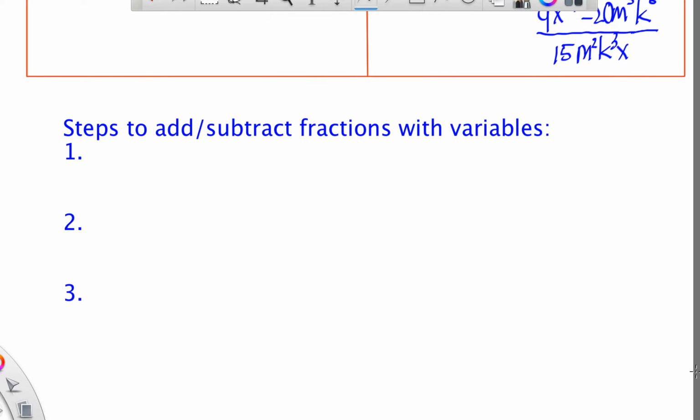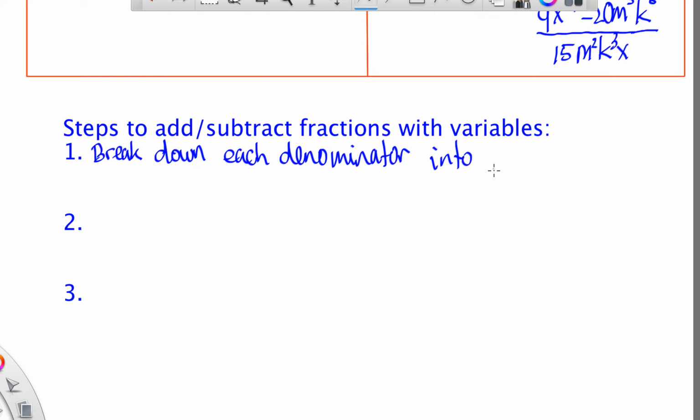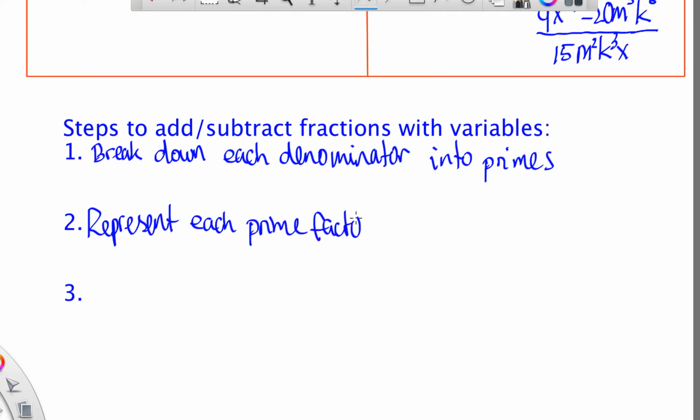Other than, let's summarize a little bit here. So what did we do? The first step is that we break down each denominator into primes so that we can figure out what parts we need in the common denominator. And so we represent each prime factor from step 1 in our common denominator.